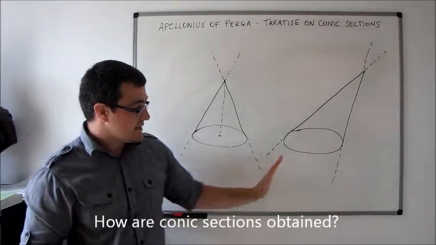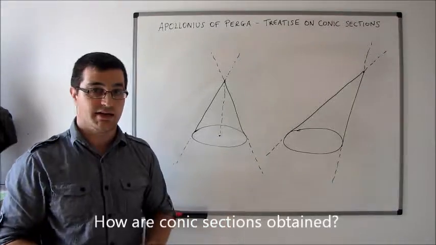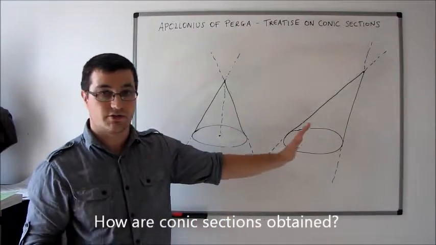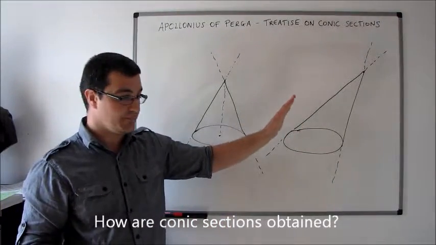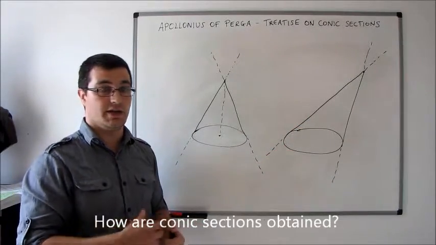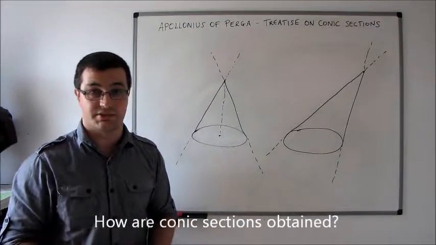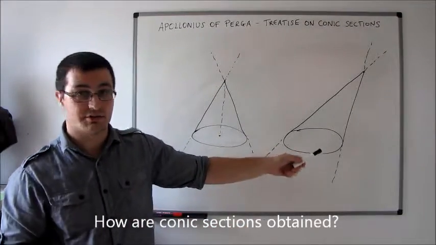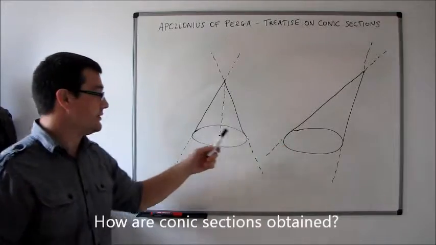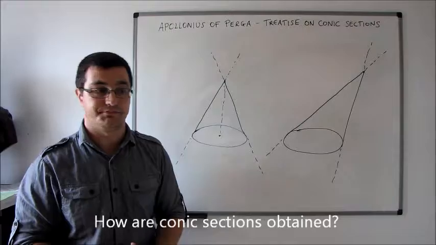But Apollonius decides, no, we're going to go for a greater generalization, presumably with the idea that with this more general type of cone, we might actually end up producing a greater variety of conic sections. So maybe there are some conic sections that we can get from these oblique cones that we can't get from the right cones, and we want to study them.